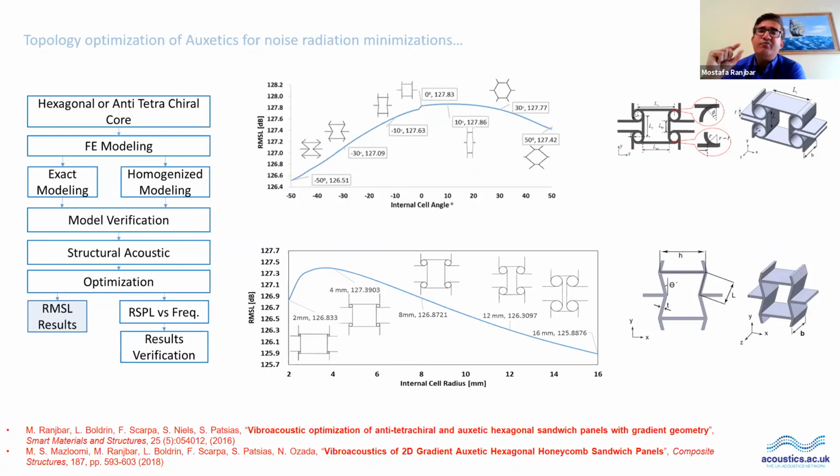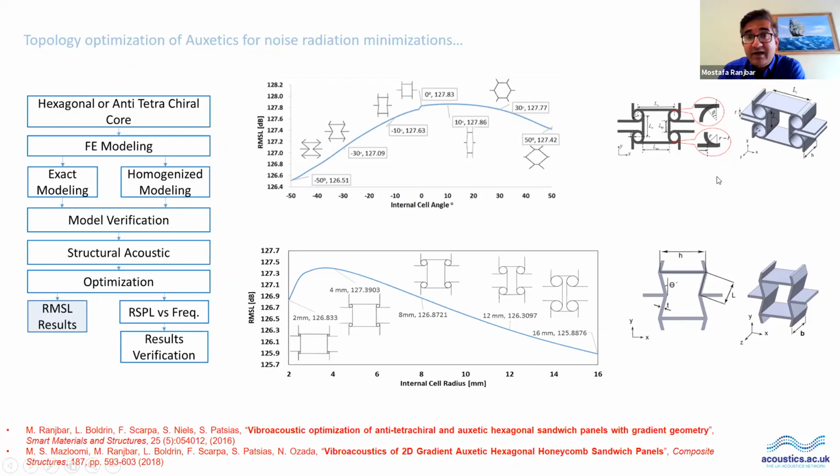You can see that for one hexagonal cell, when the internal angles are positive, then you have a classical honeycomb structure. For the classical honeycomb structure, we can reach a specific amount of radiated noise. But when we change the internal angle, we can reduce the level of radiated noise. That is very interesting to show.